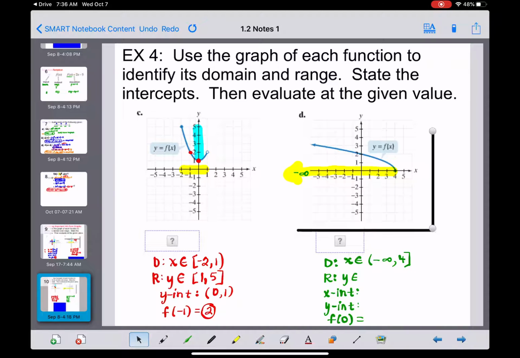For the y, again, low to high. So the low value right here. Now, sometimes we want to say it's 4, but be careful. 4 is on the x-axis. Range is the y value, so that's 4, 0. So we want to pick up the 0 value on the y. And as we keep going, it looks like it may stop here, but remember this graph continues on. This graph's going to continue doing this. So that means that my y values are going to continue to increase. So they're continuing to go up.